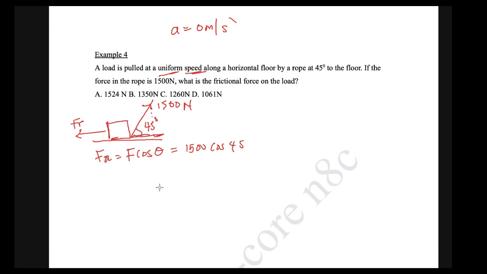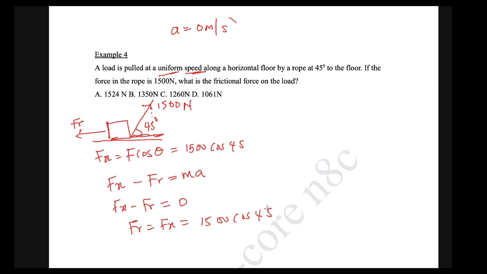Then if you resolve the horizontal forces, Fx minus frictional force must equal Ma, and we have established the fact that acceleration is equal to 0. So Fx minus Fr must equal 0. Then frictional force must equal Fx, which is 1500 cos 45.